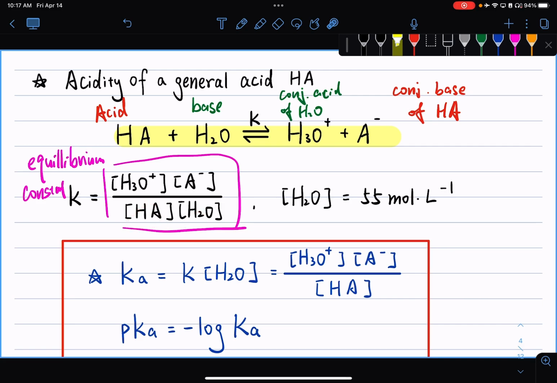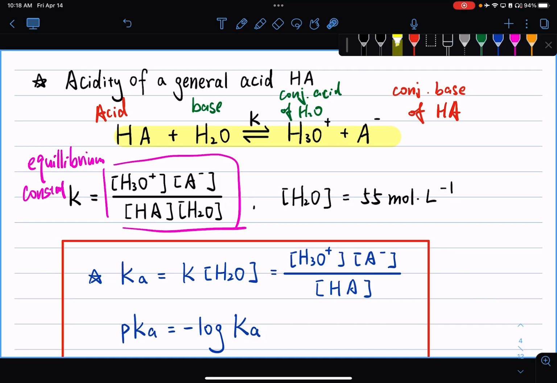You often hear the term that the stability of the conjugate base tells you the acidity of your acid. That's the reason why we care about the stability of the conjugate base, and it lies within this equation. If my conjugate base is more stable, I'll have a larger equilibrium constant, or my reaction is more tilted toward the right-hand side, towards more dissociation of the acid.